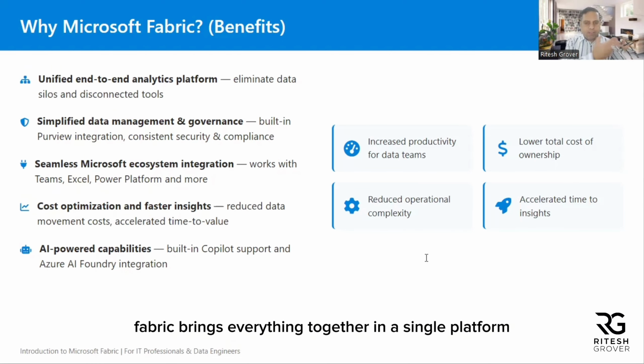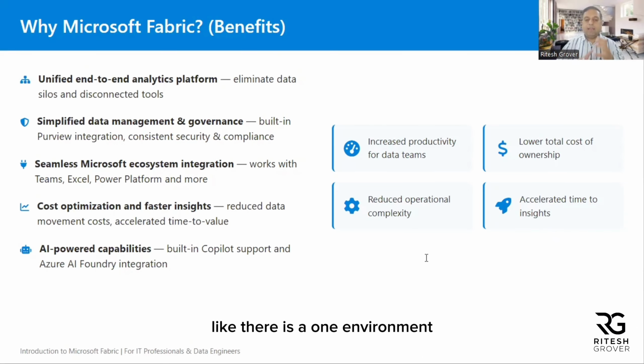Fabric brings everything together in a single platform. Like there is one environment, one storage layer, one security model, and one unified experience. This reduces complexity, improves collaboration, and speeds up the time to get insights from data.